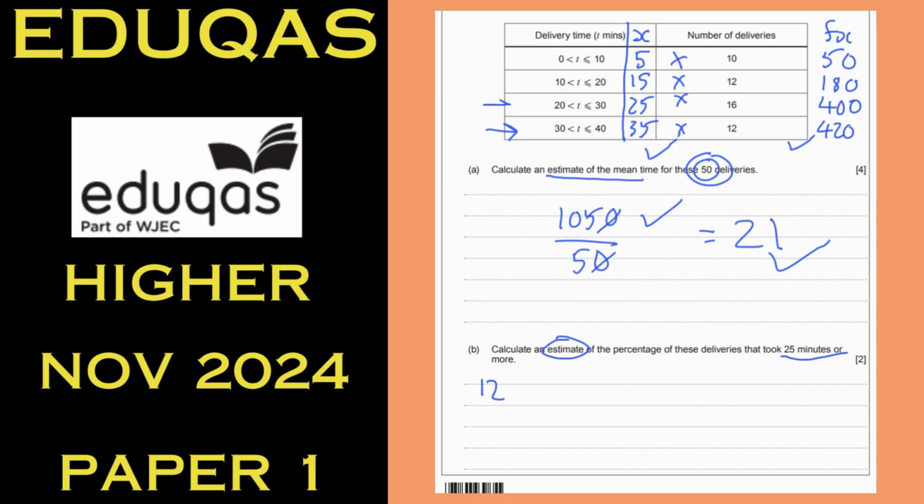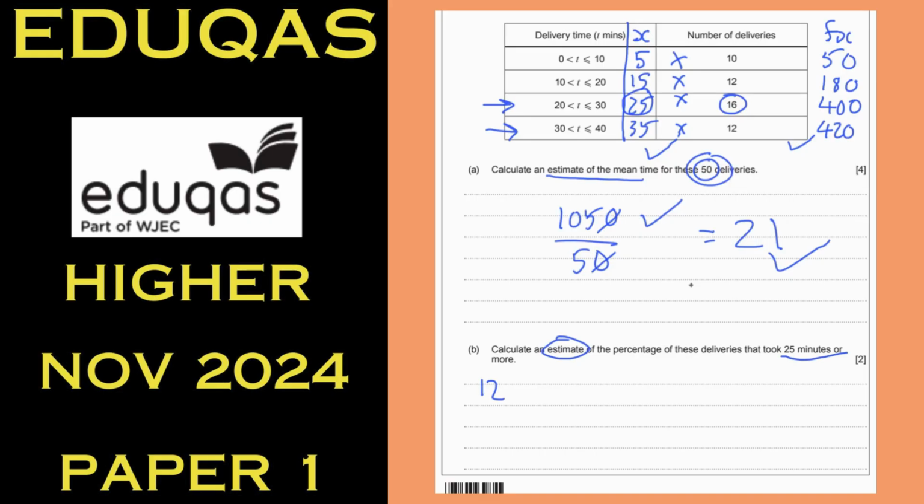It's this group you've got to do a bit of estimating, because 25 is exactly the halfway point. So our best guess, our estimate, is that if 25 is the midpoint, then it's going to split the data into half. So it's going to be 8 above and 8 below, assuming it's evenly distributed.